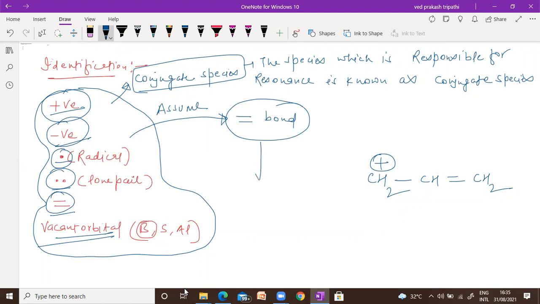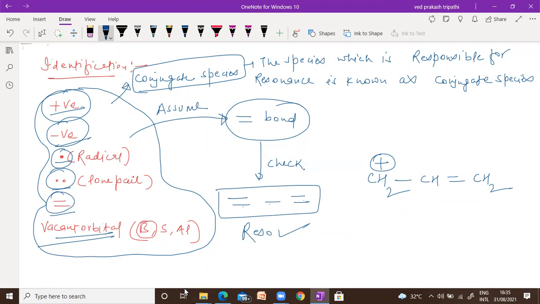And after that, you can check the double, single, double pattern. If the double, single, double pattern is present in the molecule, then it will show resonance. If this pattern is not followed, then we can't say resonance is there.